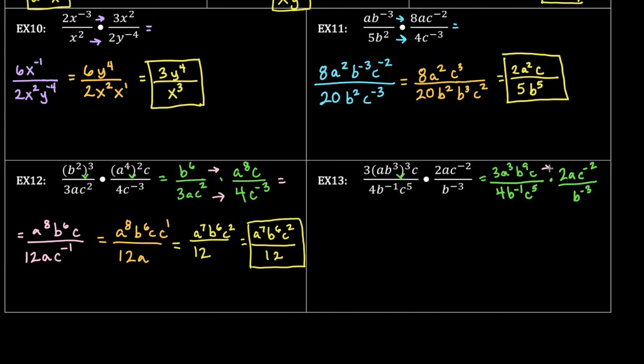Okay, and now we can actually multiply across here. 3 times 2 is 6. A to the 3rd times A is A to the 4th. B to the 9th. C times C to the negative 2.